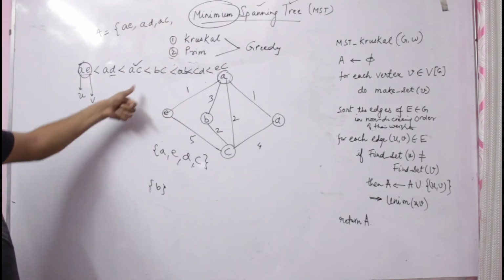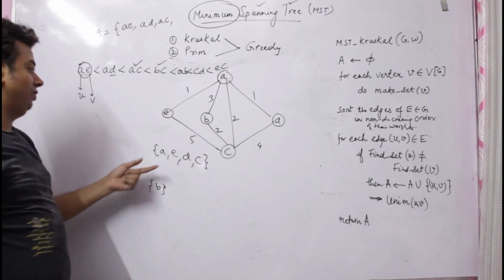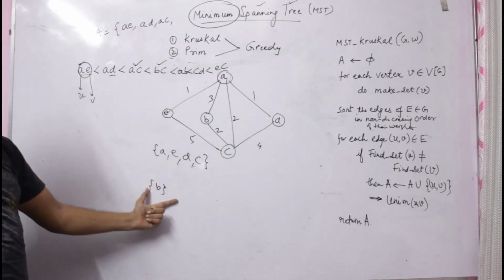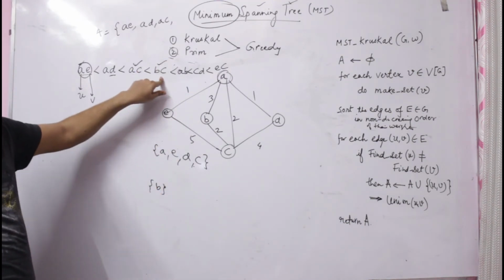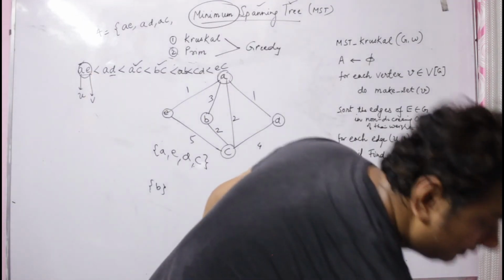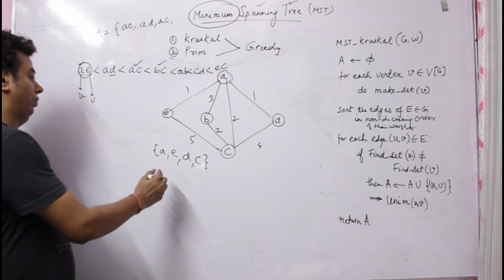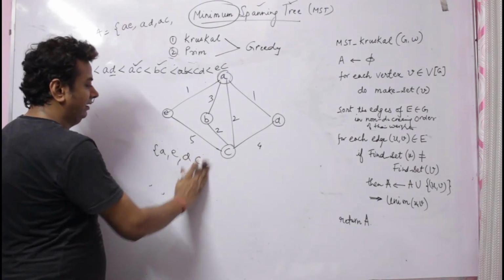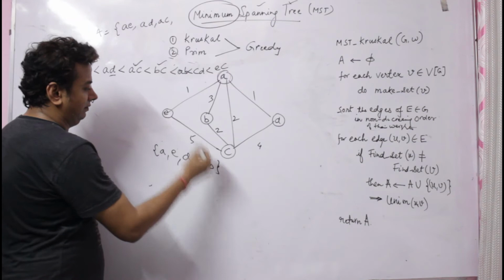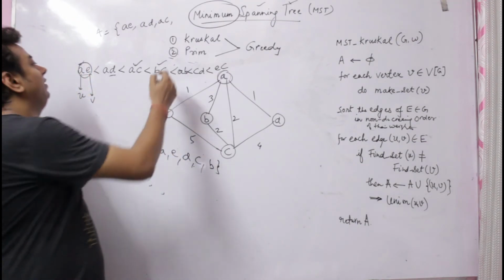Next is BC. What is the super parent of B here? It is B itself. What is the super parent of C here? C is in this set. So these two will be merged and BC will be included.